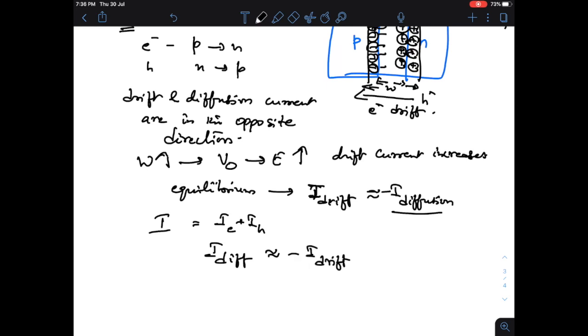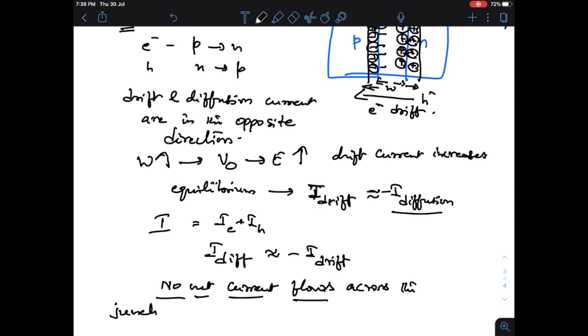So, this is the important point: no net current flows across the junction. When these two are opposite, I becomes equal to 0.